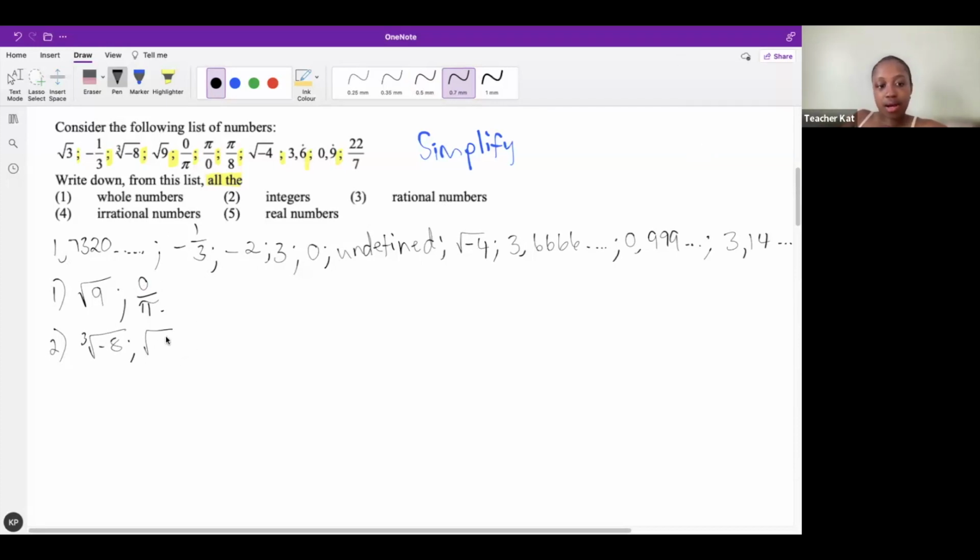The square root of 9, remember, because it's 3. Also 0 over pi, because it is 0. Integers include the 0 over pi, which is the 0. Do we have any other integers in our list of numbers?